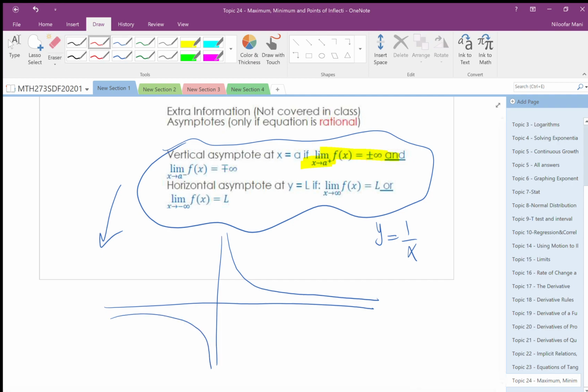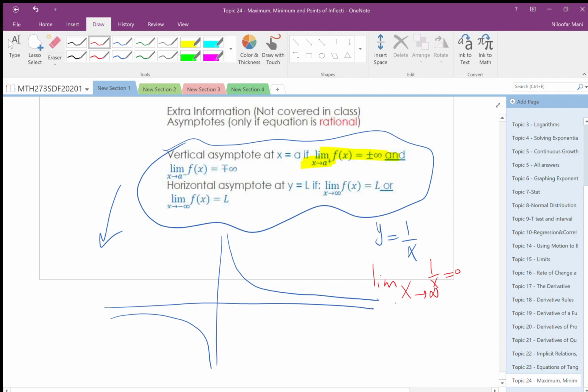Look at this. Limit. When x is approaching infinity, 1 over x is approaching 0. We know all this from the limit that you have a quiz on.